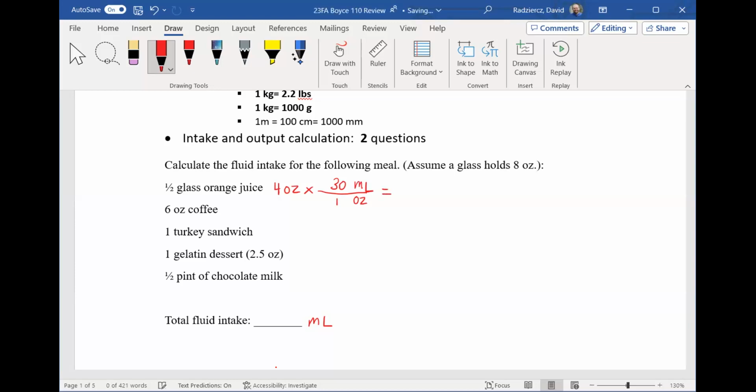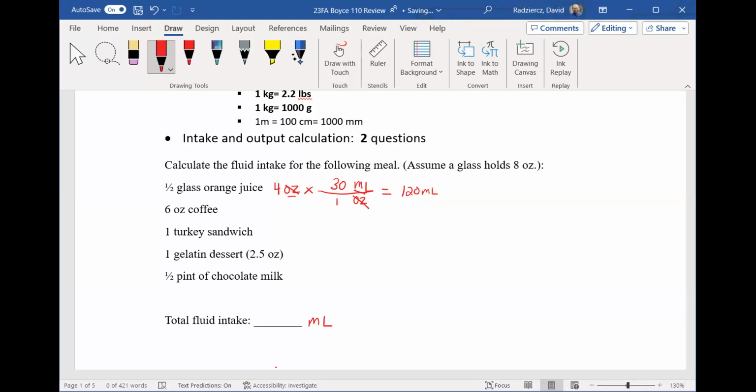So basically, anytime I convert ounces to milliliters, I'm going to multiply by 30. But if you like to see dimensional analysis, or at least if you get stuck wondering whether you're multiplying or dividing, this is a good way to practice that. So 4 times 30 is 120 milliliters.